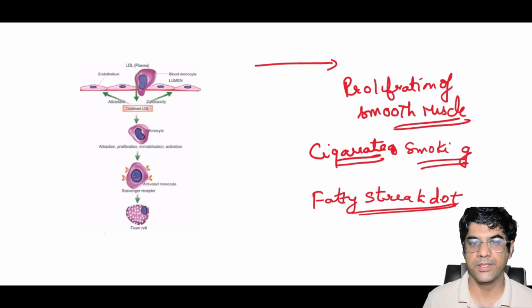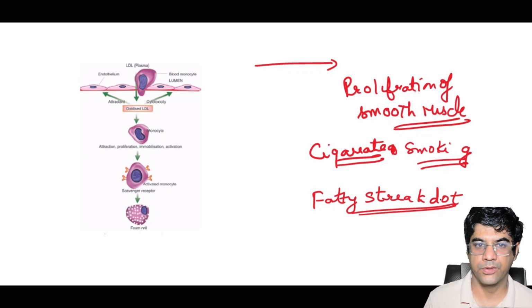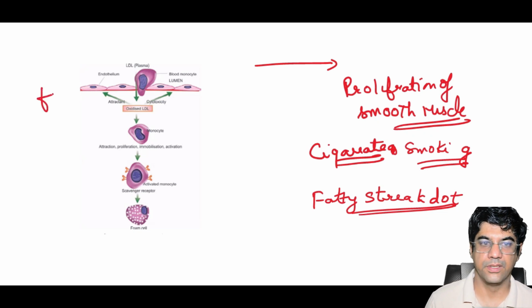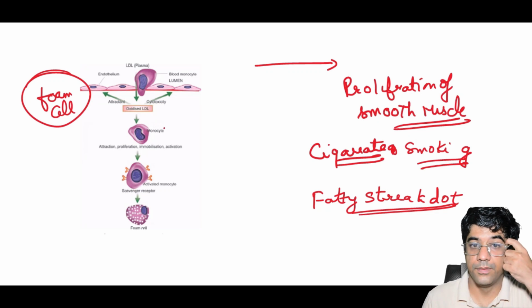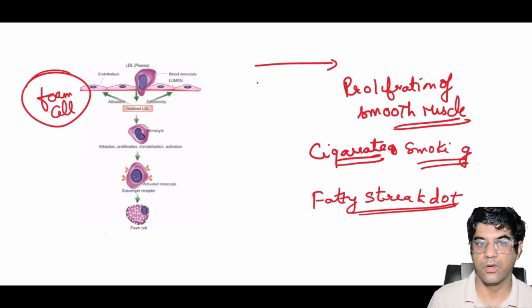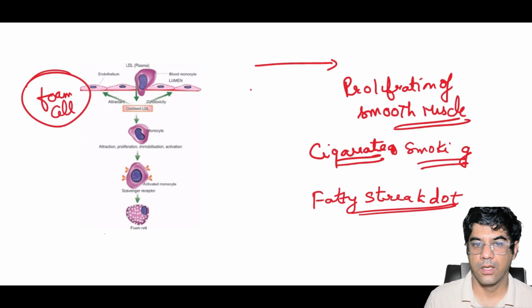You will see small yellowish lesions that appear early in life, and they are composed of foam cells. They have elongated smooth muscle, lymphoid tissue, and small amount of lipid, collagen, and proteoglycan.